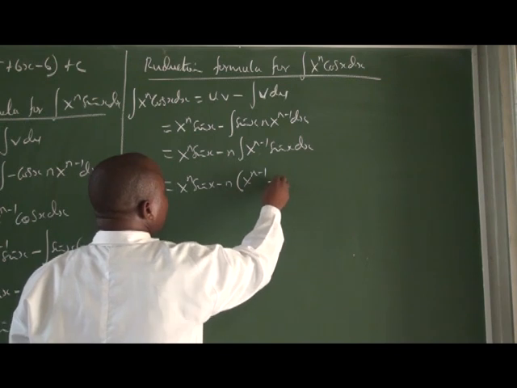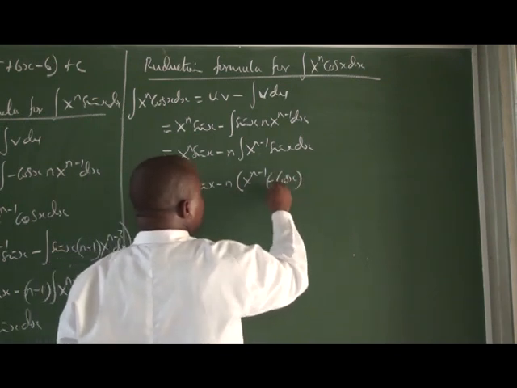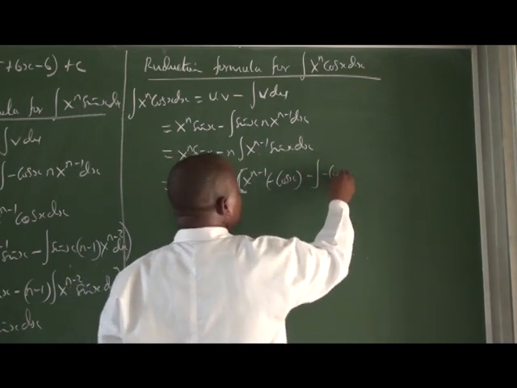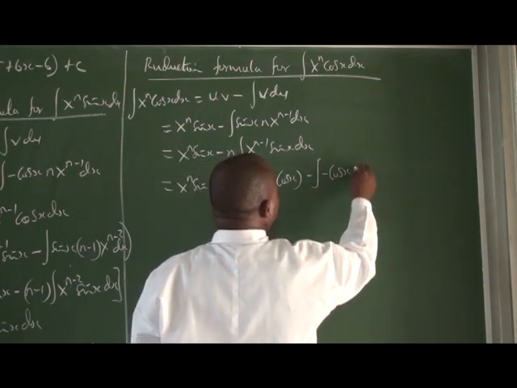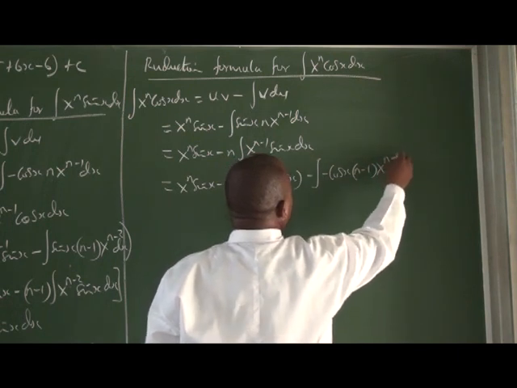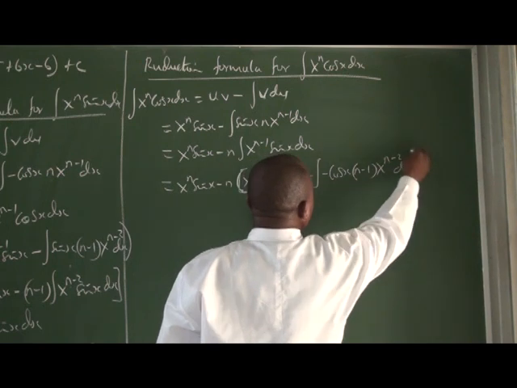then x^(n-1), that is u v. v here will be minus cos x, minus the integral of minus cos x, then du. du here is (n-1) x^(n-2) dx, right?